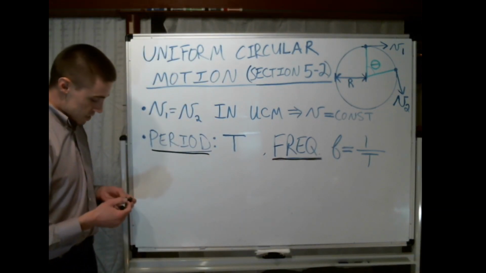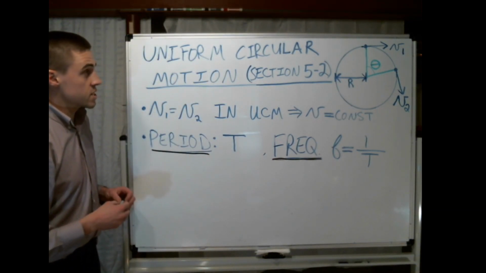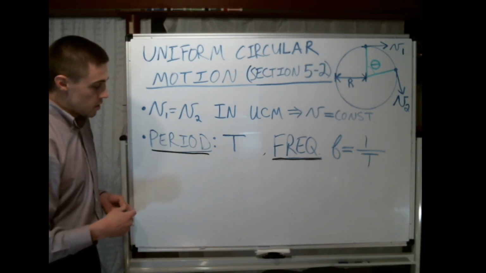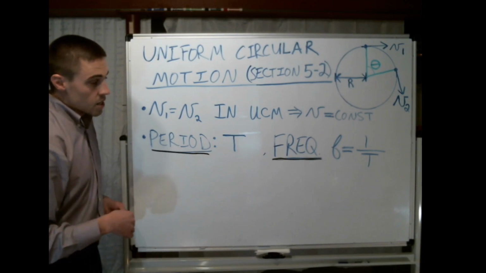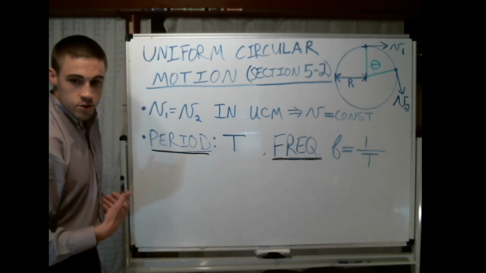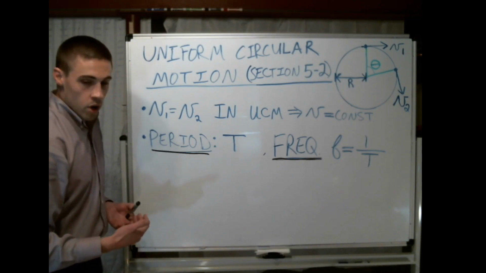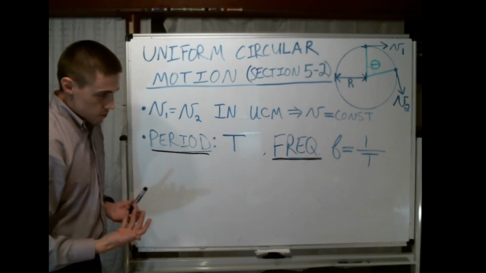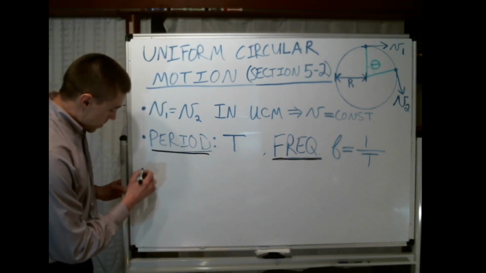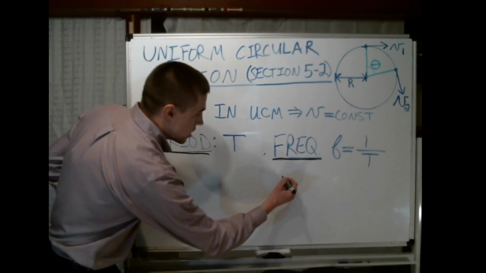If an object travels around its circular path in 2 seconds, then the period would be 2 seconds. The frequency is once every 2 seconds, or 1/2, 1 over seconds would be the units. And there's another way of talking about the units of frequencies.